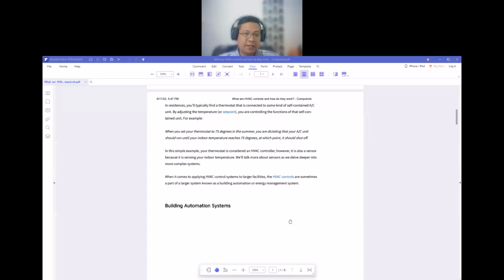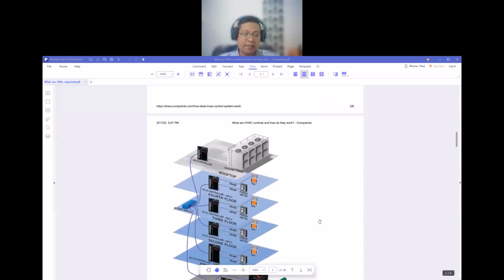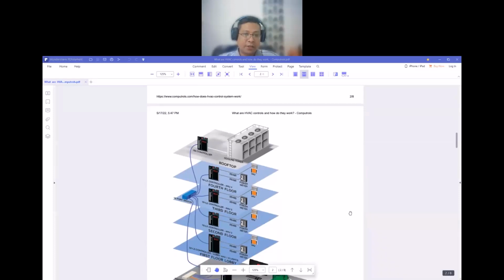Okay, let's say we have a more complex design in HVAC. This one is one type of aircon system that maybe we can classify as a rooftop HVAC system.